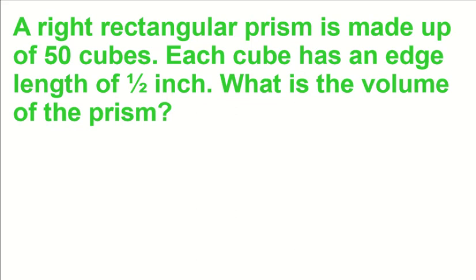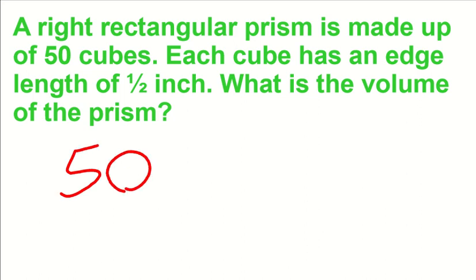This time, it gives you the number of cubes. So when it gives you the number of cubes, we're doing the opposite. So we got to multiply. We're going backwards. So we take the number of cubes.